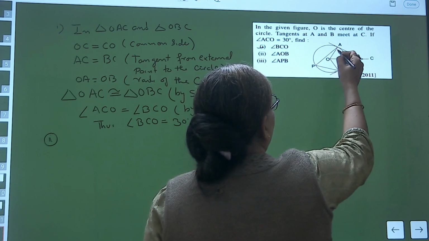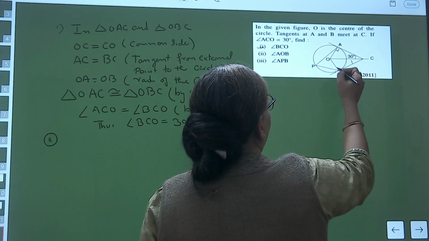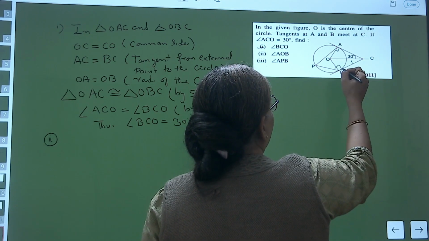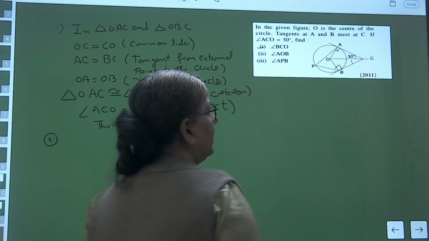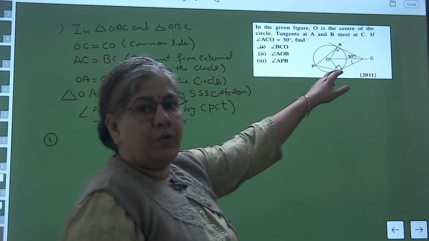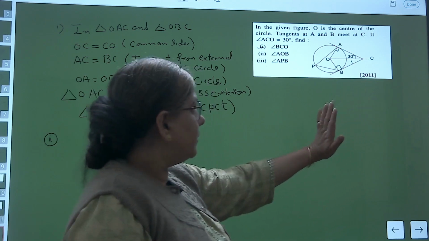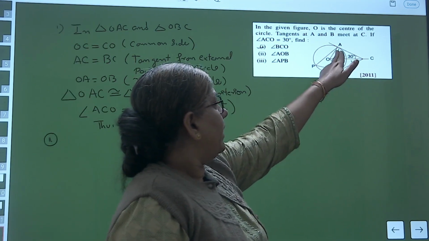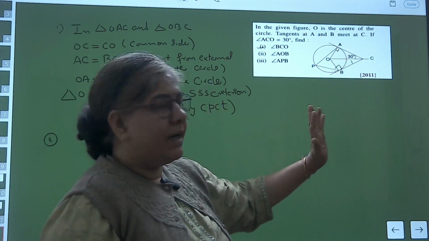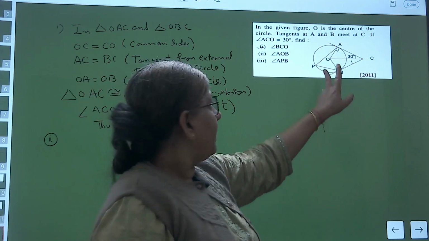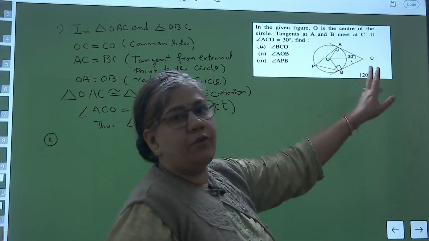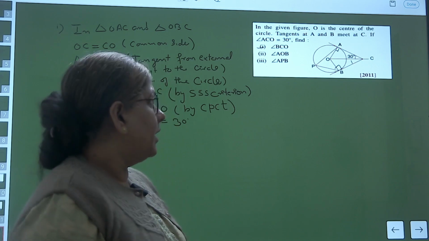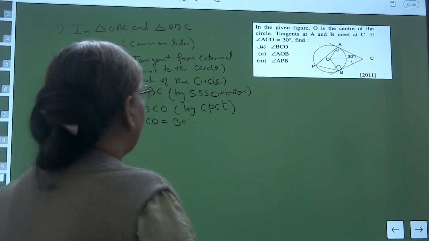So here this angle becomes 90 degrees and this angle, OBC, becomes 90. So the sum of all the angles of a quadrilateral is 360 degrees. You already have angle A and angle B as 90, so 180. So the sum of the remaining angles will be 180.